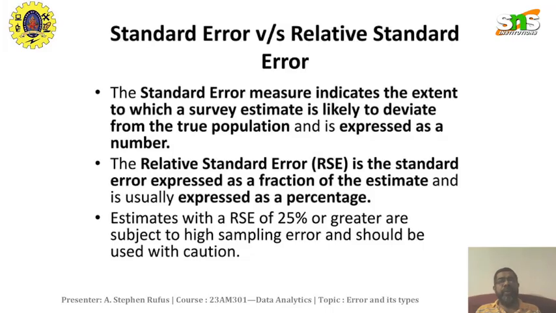We already know the formula: SE of x bar equals SD divided by the square root of n, which gives a certain numerical value. But in the relative standard error, we get the value in the form of a percentage, which is a clear indication. Immediately we can understand how much error has happened between the collected sample and the true value of the population.